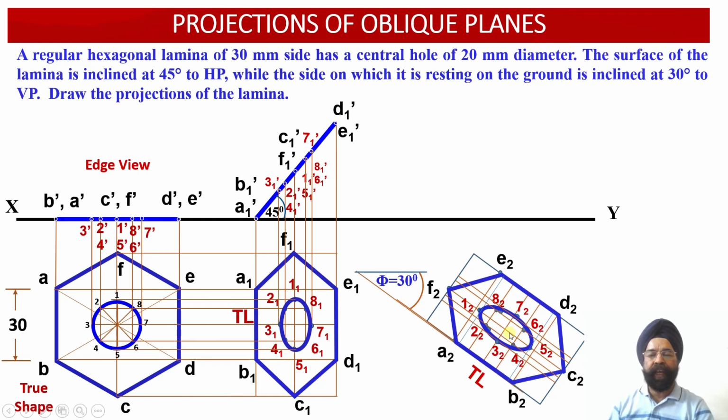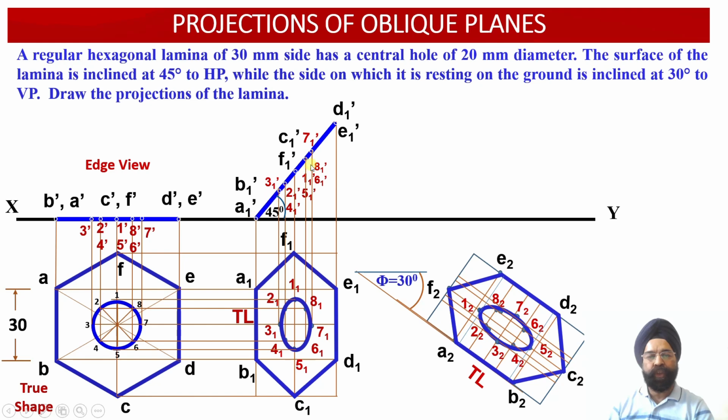Now, having obtained the plan projection view in the horizontal plane, we are going to obtain onto the vertical plane the apparent shape of this hexagonal lamina along with the hole, such that we obtain the corresponding points for the 14 points over here.